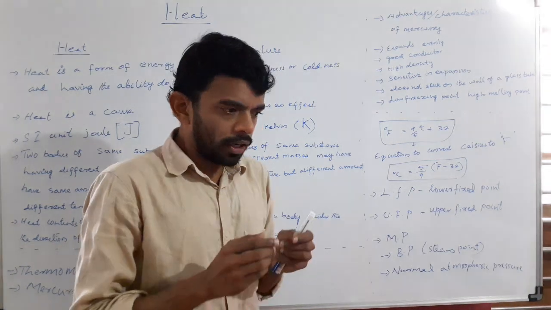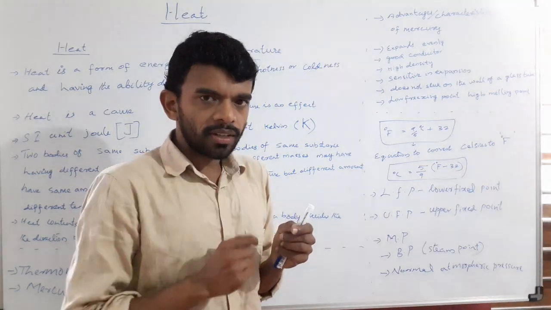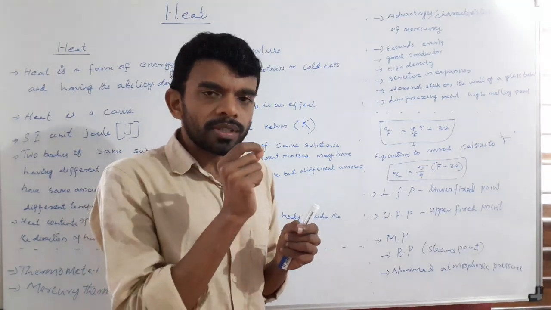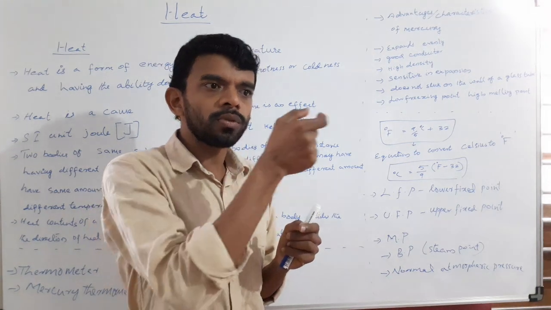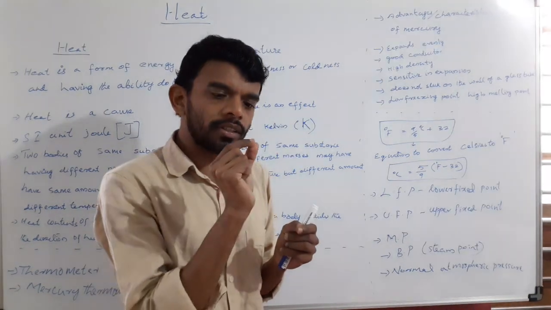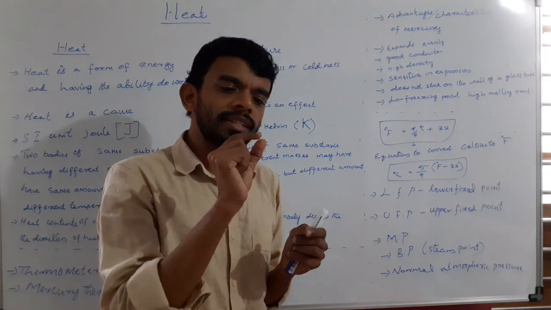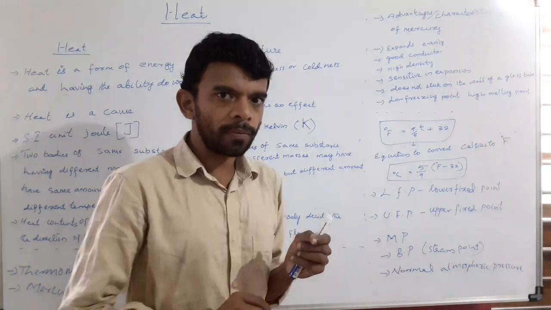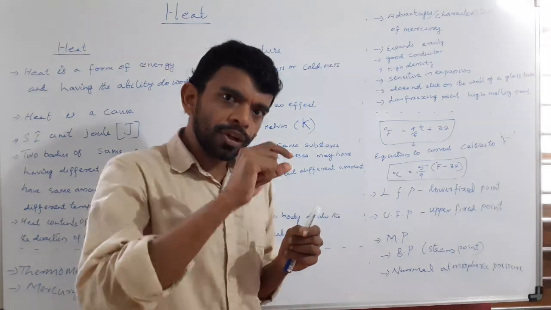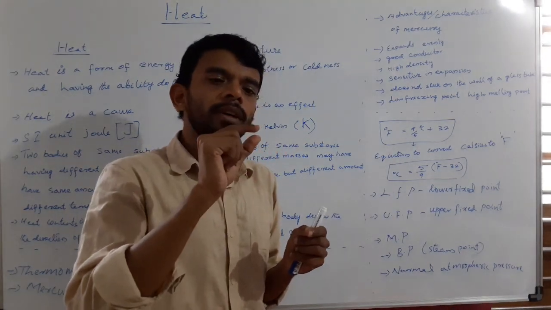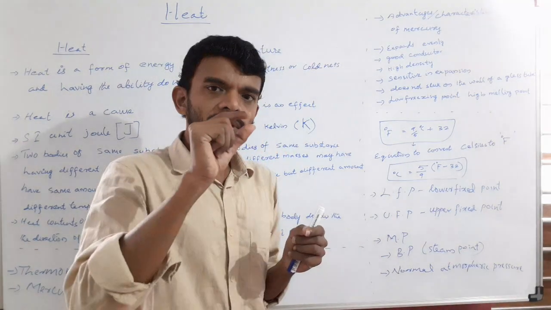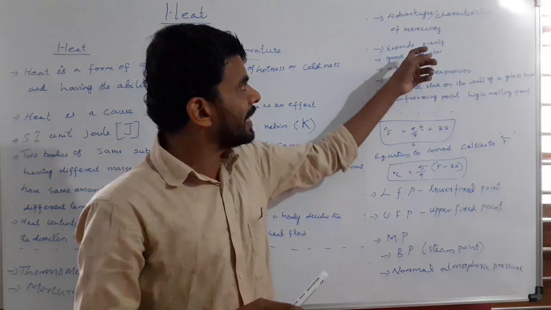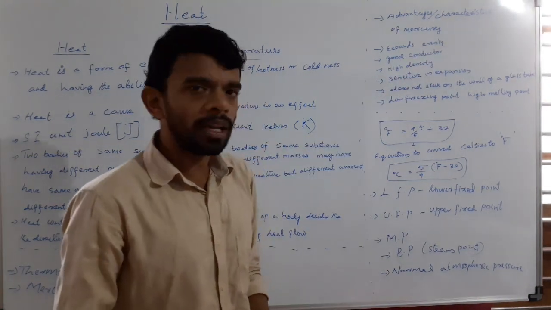For example, if from 30 to 35 degrees Celsius the level increases by 1 centimeter, we are just assuming, then from 50 to 55 also the increase will be 1 centimeter.